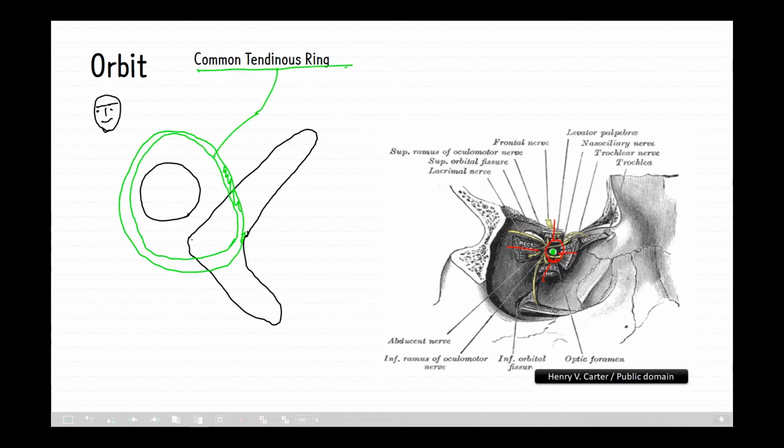and there may be a superior rectus around here, medial rectus, and lateral rectus, and the inferior rectus, and superior oblique muscle, and levator palpebrae superioris muscles in here.